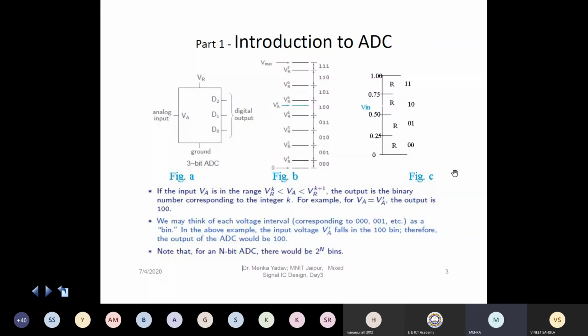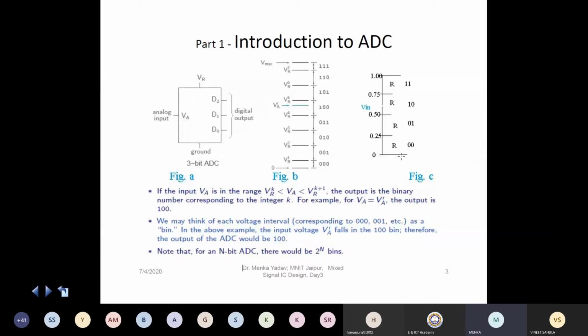So in figure B, what we have done, V minimum which was 0 and V maximum which was V reference, all have been partitioned or divided by voltage division in 7 parts.